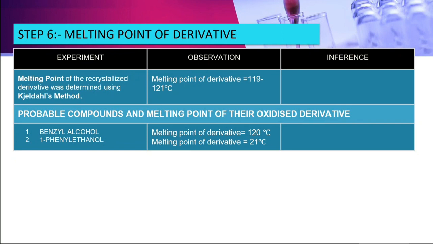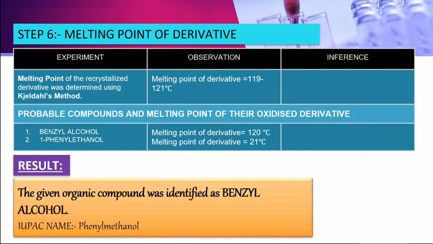From here, we can clearly see that our given compound is benzyl alcohol because its derivative melting point is the same as what we observed. So in the result, we say that the given organic compound was identified as benzyl alcohol. Its IUPAC name is phenyl methanol. And here is its structure.